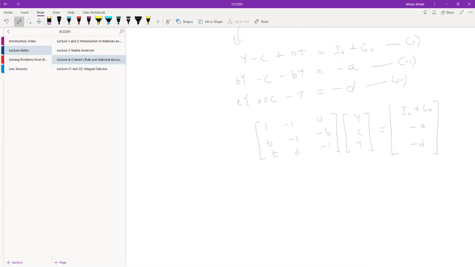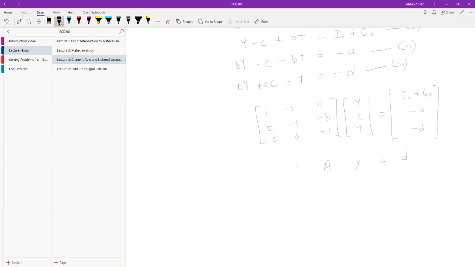We can either do matrix inversion or Cramer's rule. Since we are talking about Cramer's rule today, let's just do that. All right, so once again, we can think of this as AX equals D. What we want to do is find the determinant of matrix A.